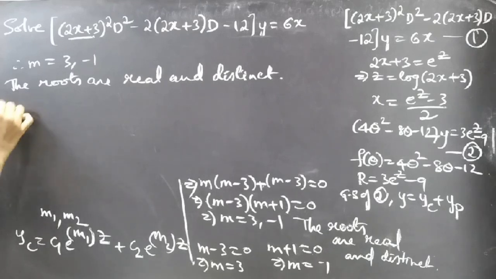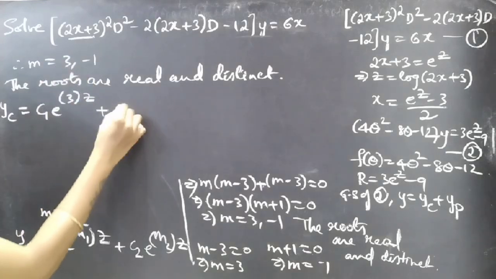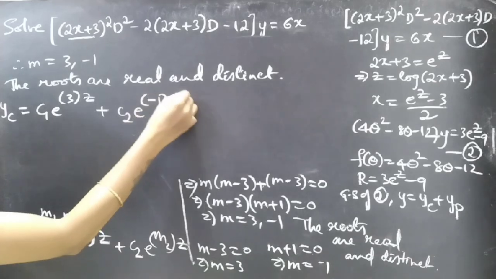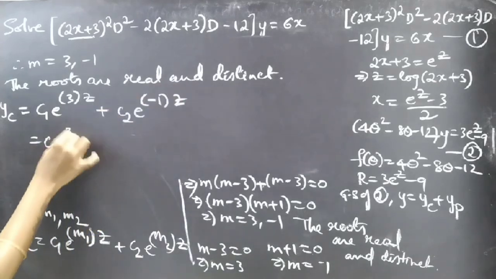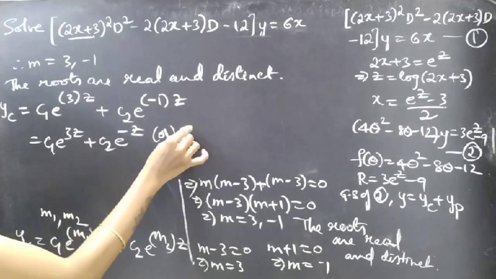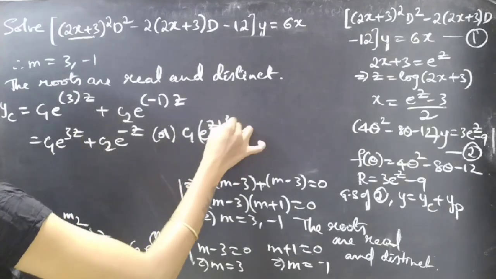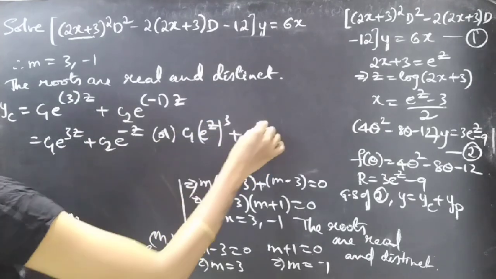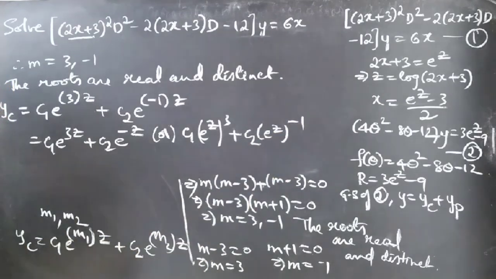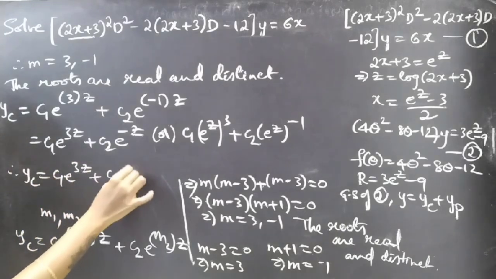Now coming to our complementary function, yc equal to c1 e power 3z plus c2 e power minus z, or we can write this as c1 into e power z whole cube plus c2 into e power z power minus 1. Therefore yc equals c1 e power 3z plus c2 e power minus z.